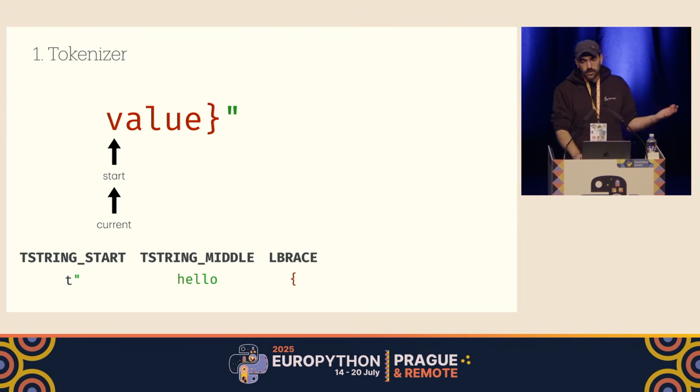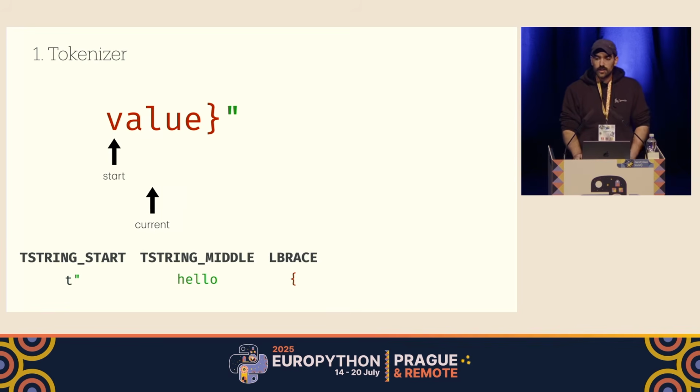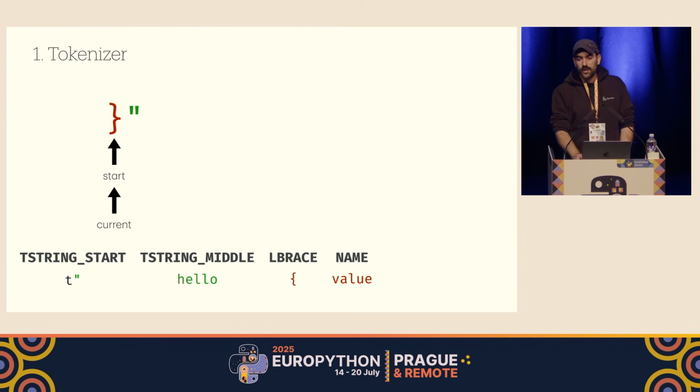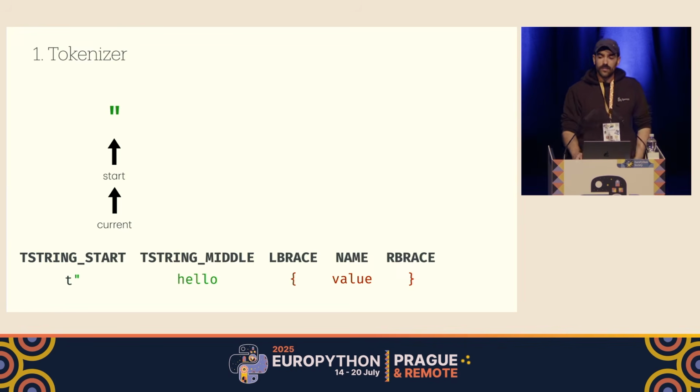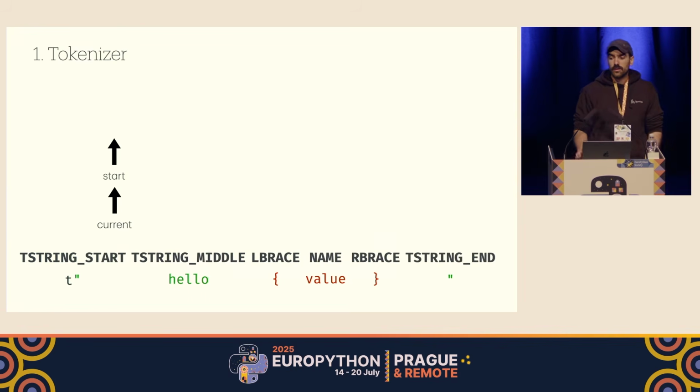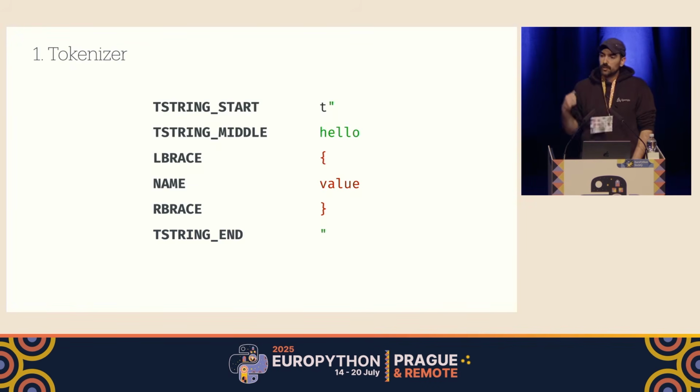So it produces a brace, then the value is a name token, then another brace token, and then it goes back to the string tokenizing mode and sees a quote and does a t-string end. So tokenizing the input we had actually produces these 6 tokens.